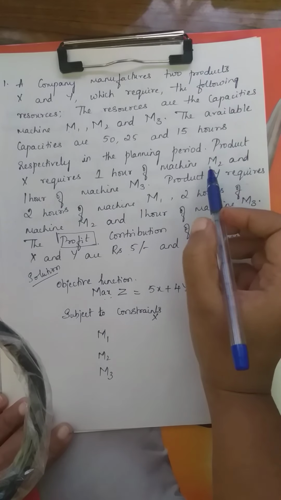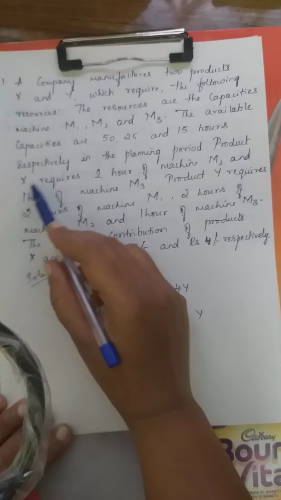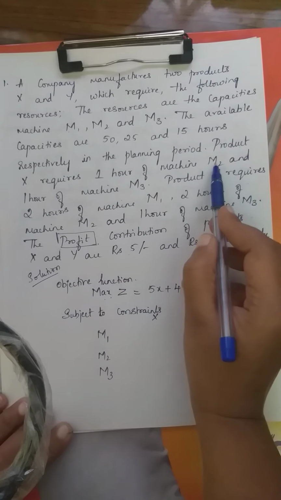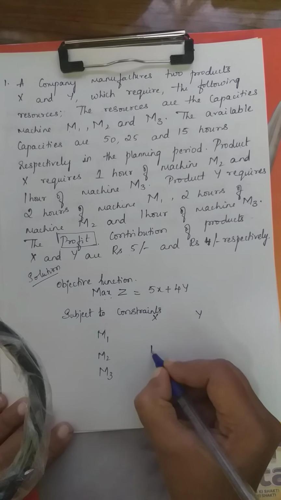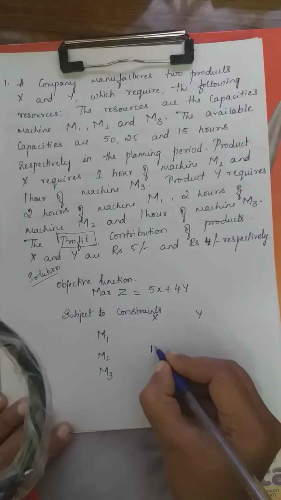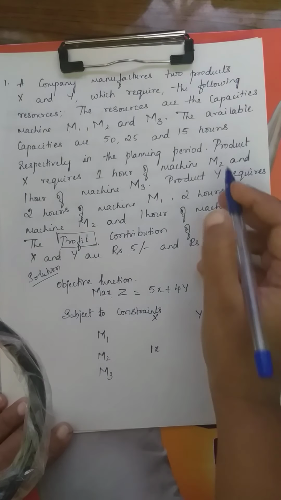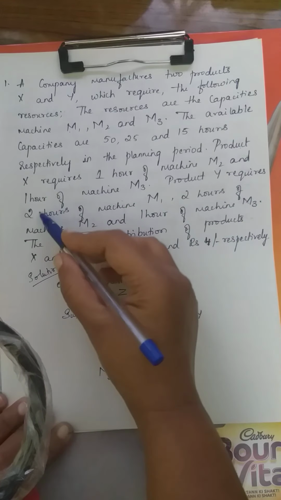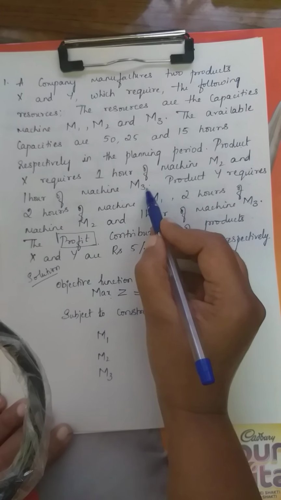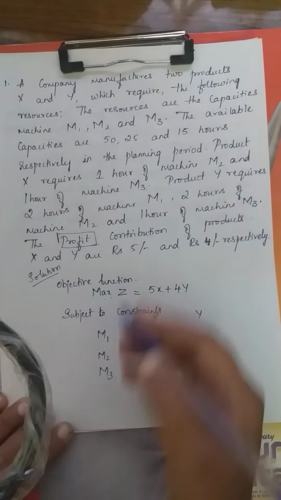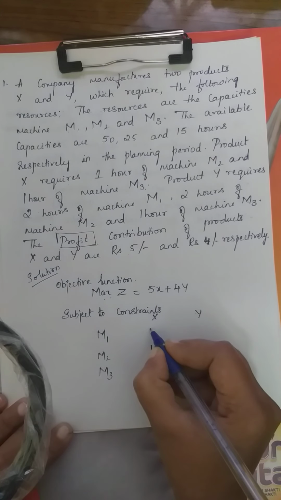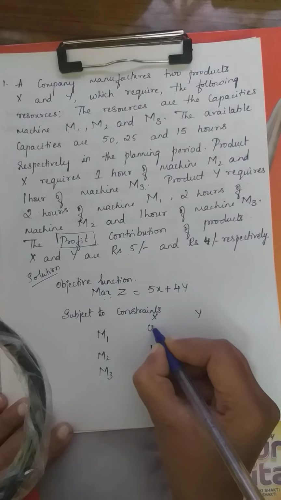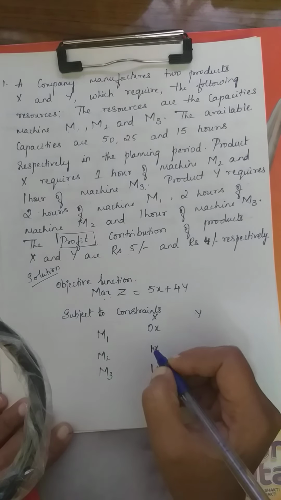Please do concentrate. Here product X requires 1 hour of machine M2, so you write down 1 for machine M2. This is for your product X. And 1 hour of machine M3, so it is related to product X only. So here again 1x. Whereas here they have not mentioned anything, so I am putting it as 0x.